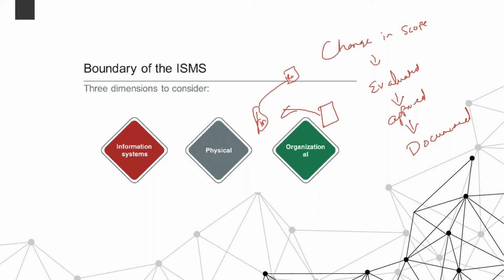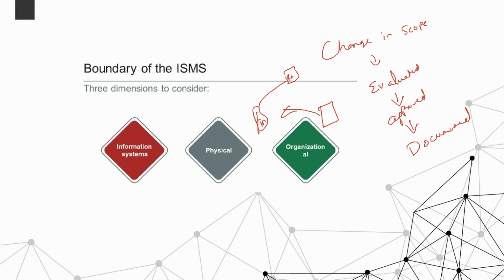So we follow this. If there is any extension to the scope, or if we reduce the scope, again we need to follow the same process. There are multiple cases when an organization prefers to reduce the scope. In that case, we again submit the new scope to the top management, then there will be an evaluation, then an approval, and then a documentation.